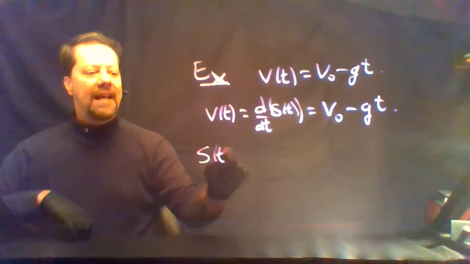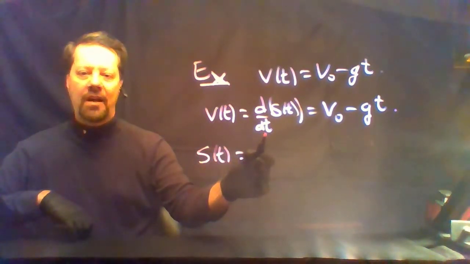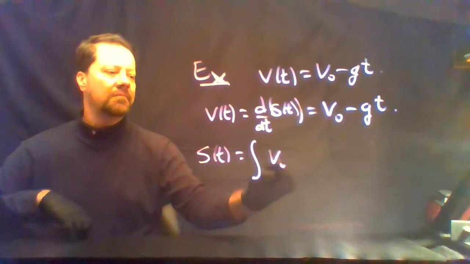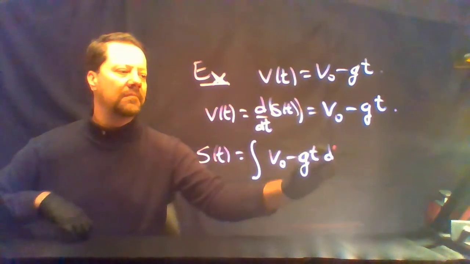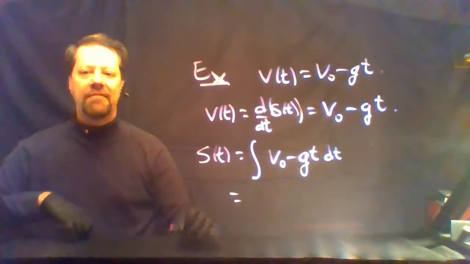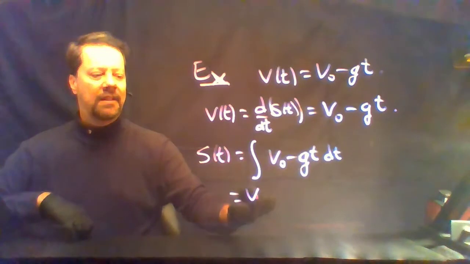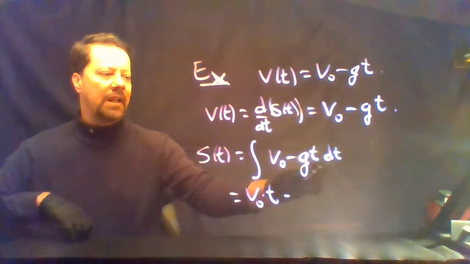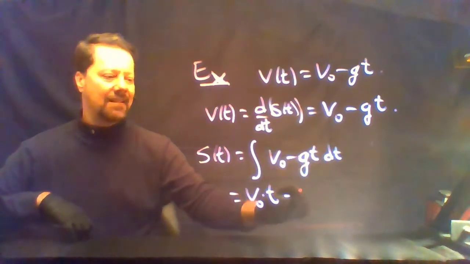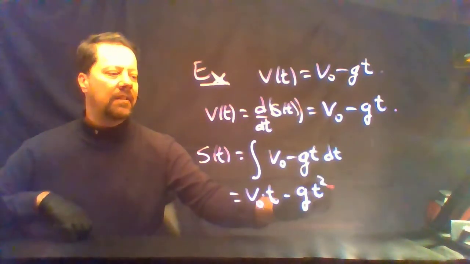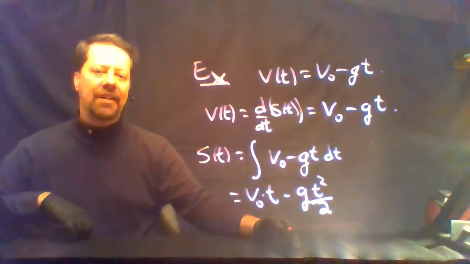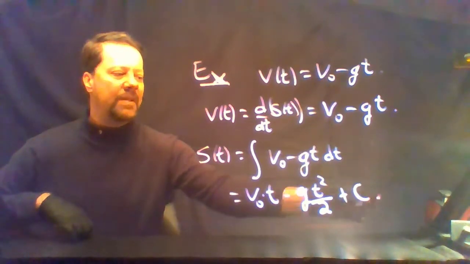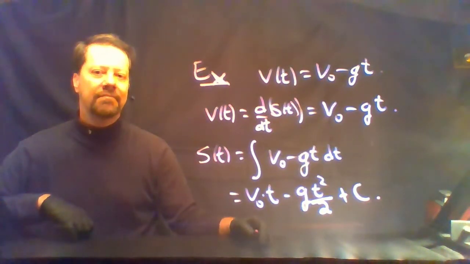To figure out s, we need to undo a derivative. We need to integrate, keeping in mind that v0 is a constant. Its integral is v0 times t. Here, we're integrating with respect to t, where g is a constant. Using the power rule for antiderivatives, the integral of t is t squared over 2. And we must add a constant of integration.